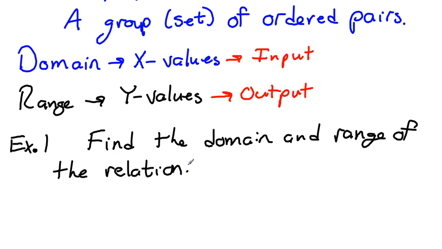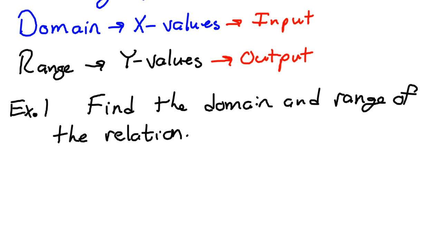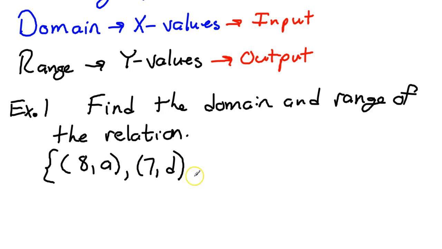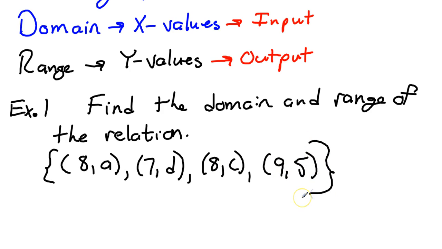Just says find the domain and range of the relation. Okay, and there's your relation. Again, it's just sometimes 2, 3, 4, 5, could be even more than that, but it's just ordered pairs.